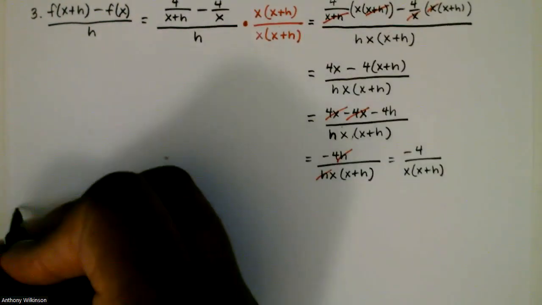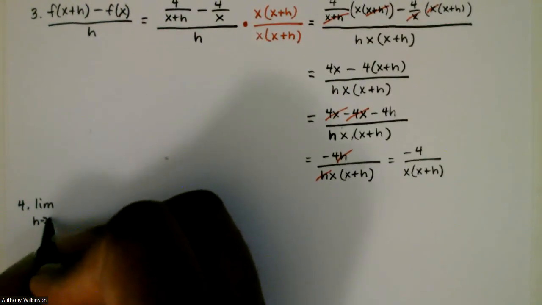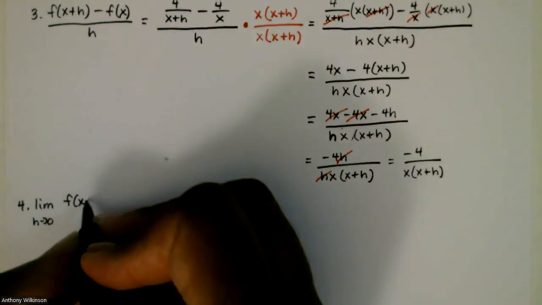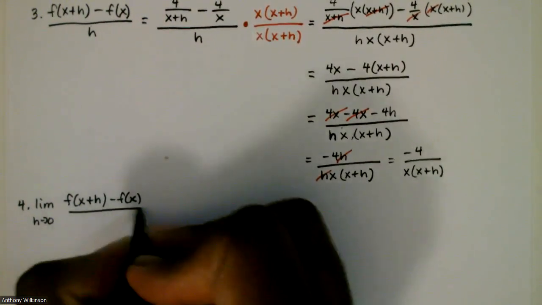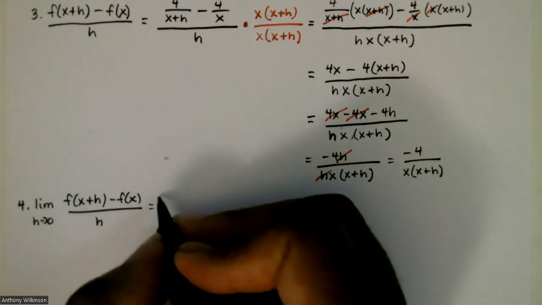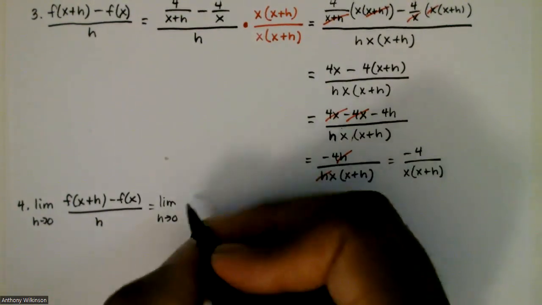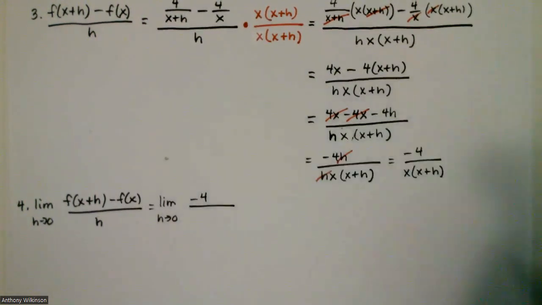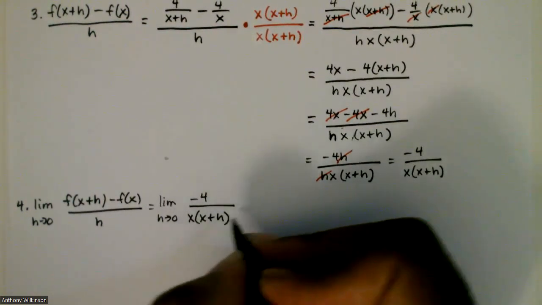So number 4 would be the limit as h approaches 0 of f of x plus h minus f of x divided by h. So here, the limit as h approaches 0 of, in this case, negative 4 over x times x plus h.